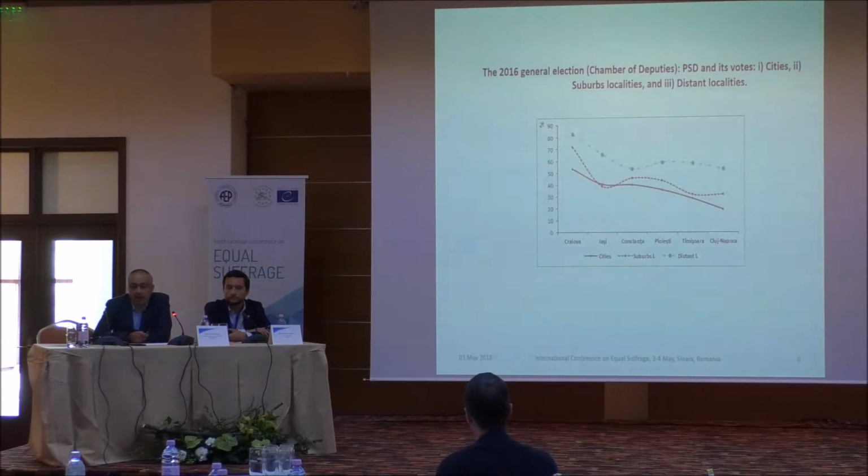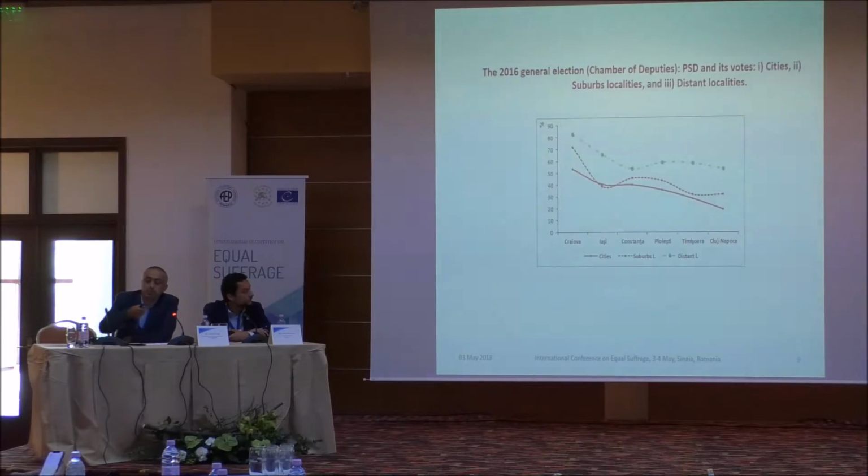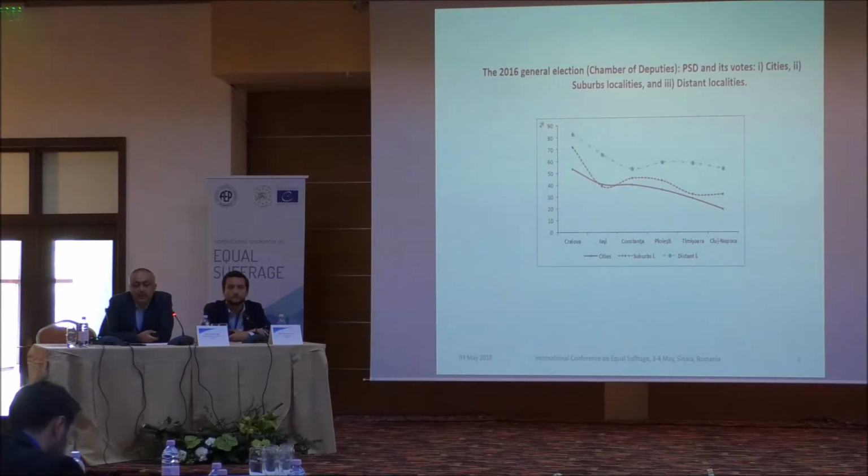The continuous red line is suburb localities, and the blue line is distant localities, and for Social Democrats, the percent of vote increases with distance, in localities far away from major cities. The voters are at a high level.